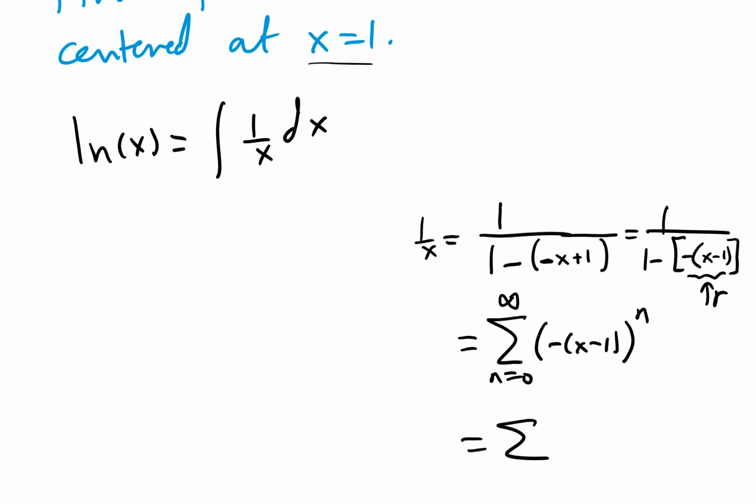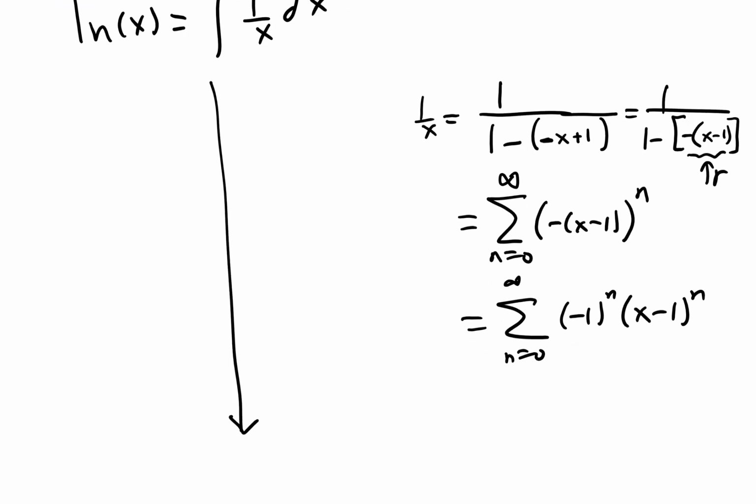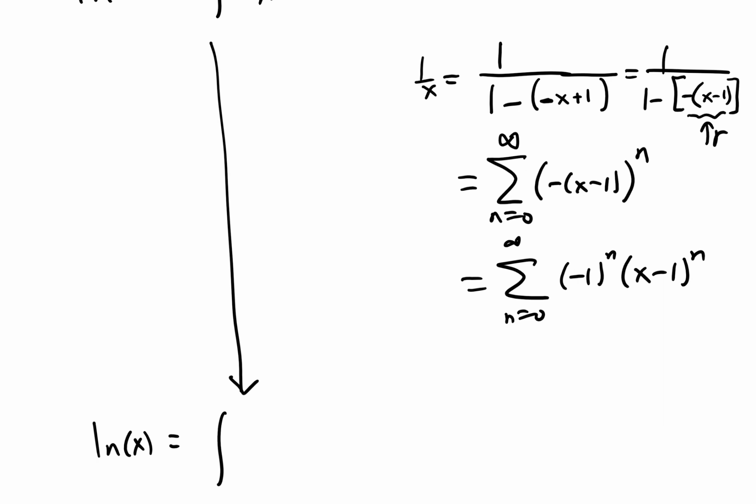So that would give me negative 1 to the n, (x minus 1) to the n. Now I can go back to my function g of x, ln of x, and integrate that. Integrate the sum, n goes from 0 to infinity, negative 1 to the n, (x minus 1) to the n.